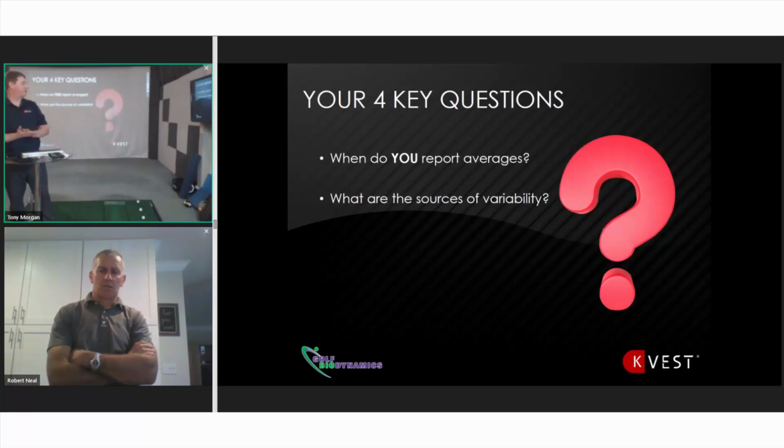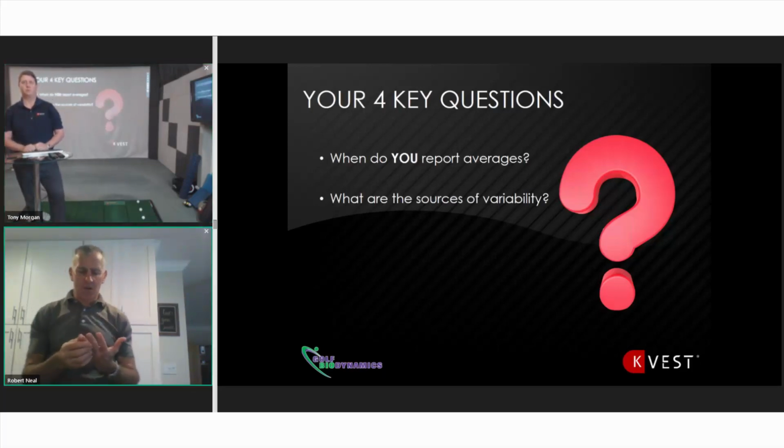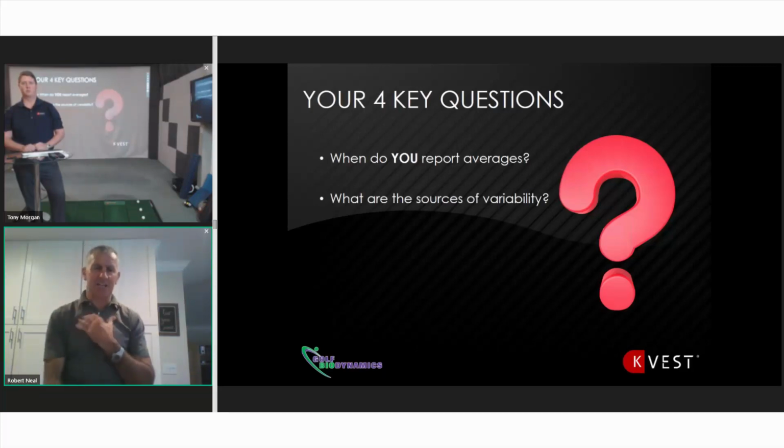So next question, what are the sources of variability and how do you define that? So there are a number of places in which we will get variability occurring. We are not machines, so we can't make exactly the same golf swing every time.